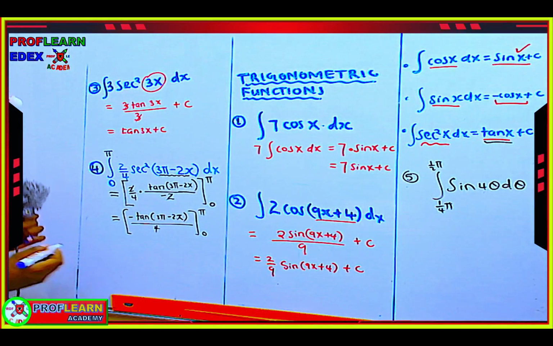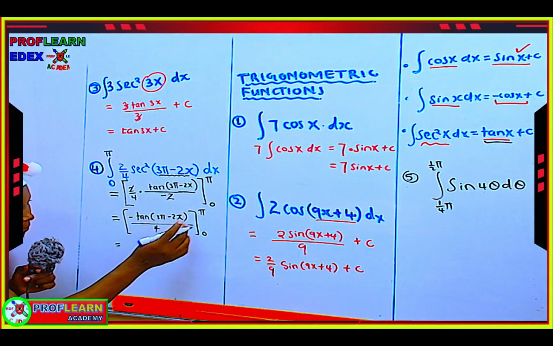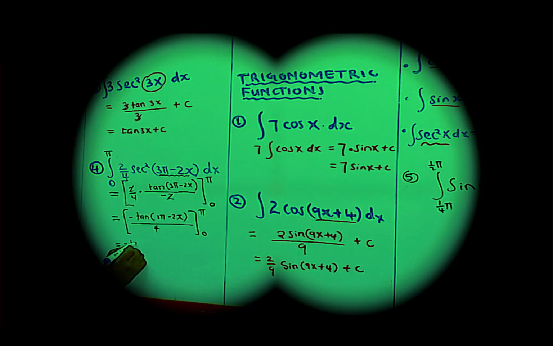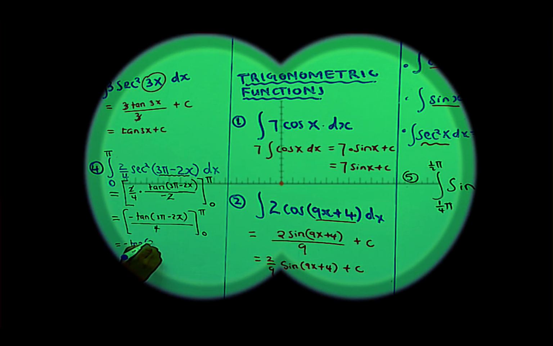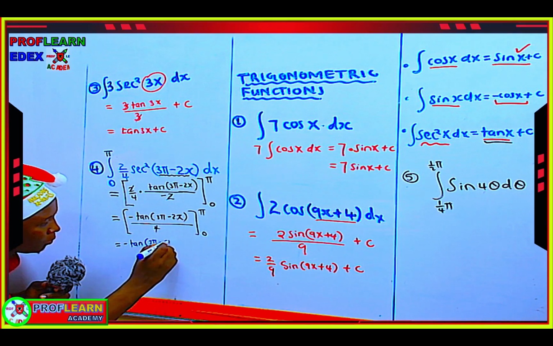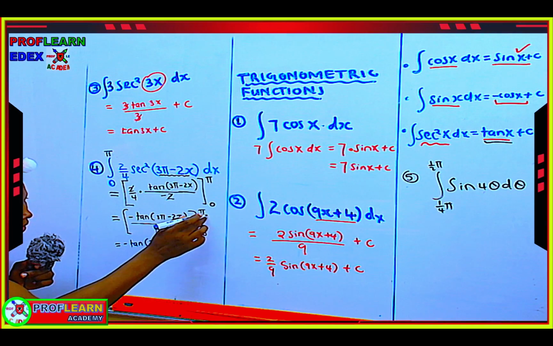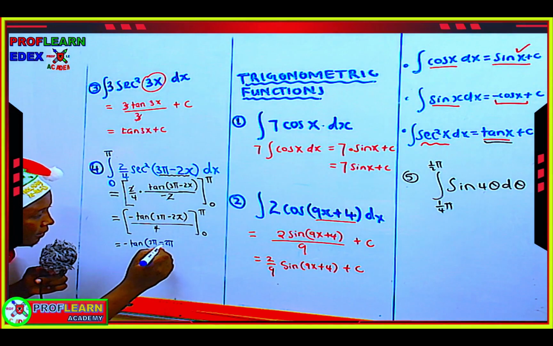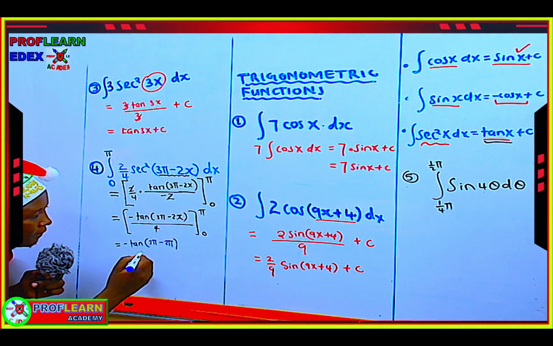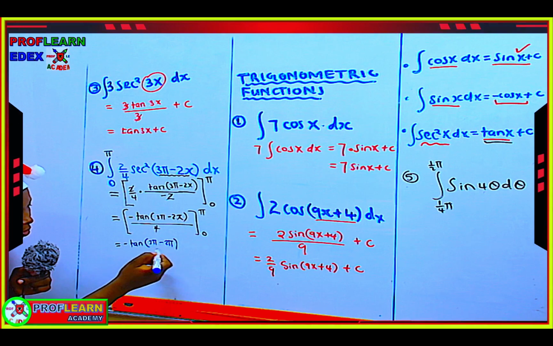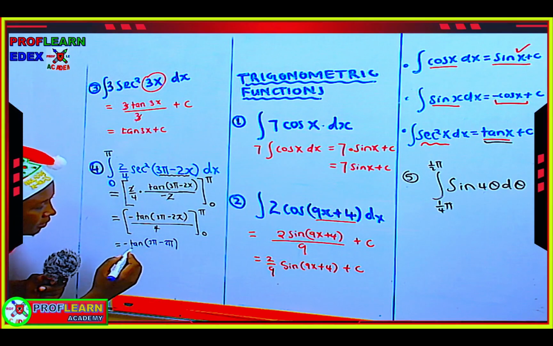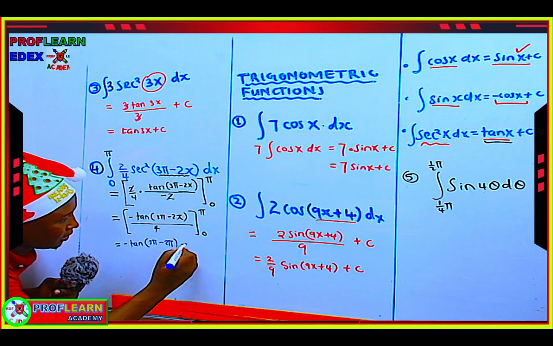Okay, so the first part, we're going to substitute pi. Anyway, we have x here, so it's going to be minus tan of (3 pi minus 2 pi), because x, we are going to substitute with pi here. If you simplify this, it's going to be something a bit smaller.